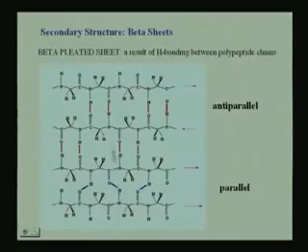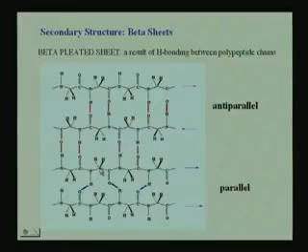The hydrogen bonding in the first case, let's look at this. Again, we have N-C alpha C. My NH and my CO bond with the same amino acid. In the second case, my NH and CO bond with two different amino acids.